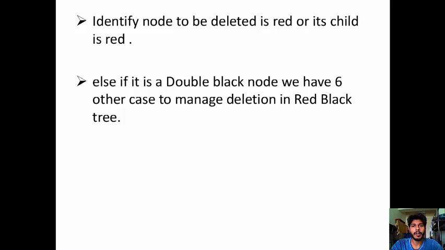If it's a red case, then it will be easy to delete a red node. If this is not the case, then we have a special case, the double black node case. Here we have to deal with 6 other cases to delete a particular node in that red black tree and manage the balancing of that red black tree.